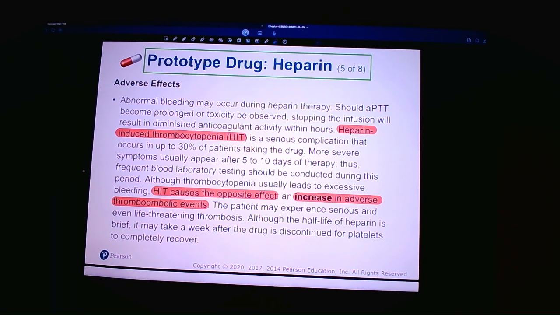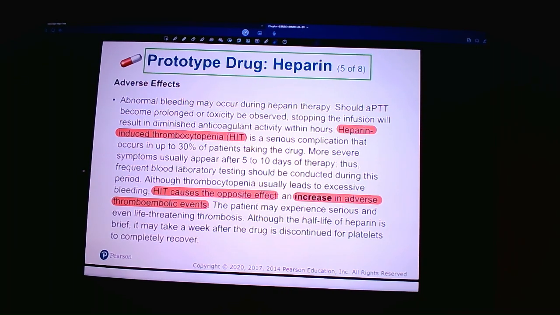And I would imagine it's because your body is freaking out because you don't have that many platelets. So it kind of does this paradoxical thing where it actually promotes clotting for whatever you do have for some reason. Something in the system isn't working, and it's causing that. So it can actually cause you to have a stroke or an MI.